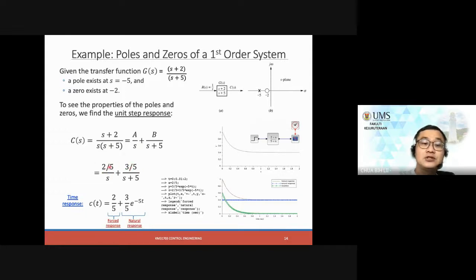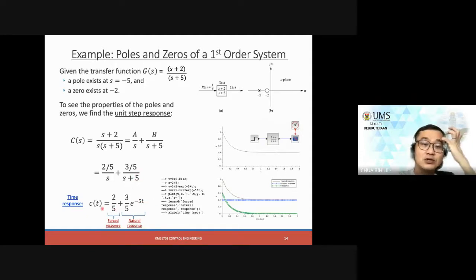If we do the reconversion from the Laplace transform, from the s domain into the time domain, you will have 2 over 5 to represent this part, as well as 3 over 5 multiplied by the exponential of minus 5t.